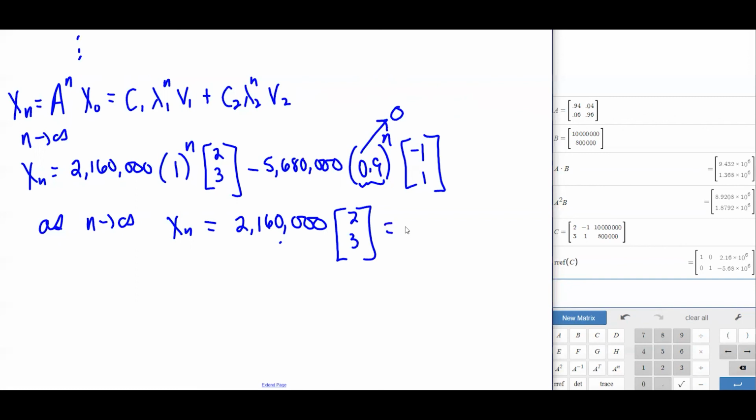So let's see what this is. I'm going to multiply the 2 million times 2. And I'm going to multiply this by 3.